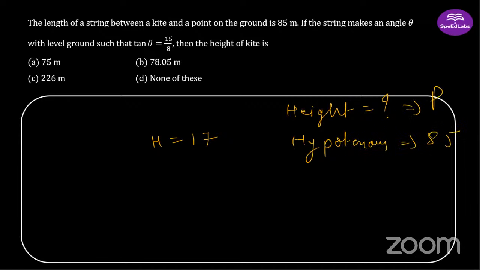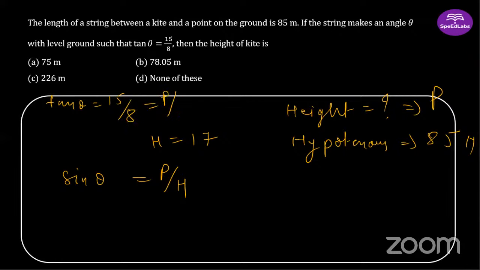Now this is perpendicular and hypotenuse. The relation between perpendicular and hypotenuse is sine theta, and we know sine theta is equal to P by H. The value of tan theta given to us was 15 by 8, which was P by B. So we know P is 15, base is 8 and hypotenuse is 17.